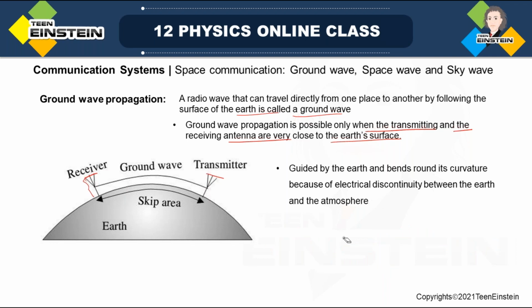So a ground wave is guided by the earth and bends around the curvature. Why does it follow the curvature of the earth's surface?